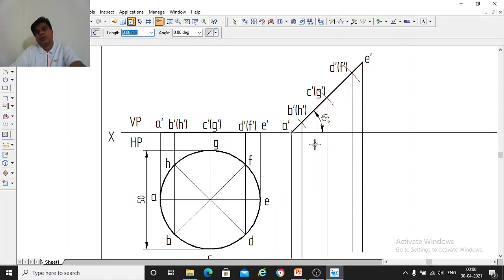So once you draw the projector lines, vertical lines, from this again top you draw the horizontal lines, horizontal projectors from all these points. So I'll be drawing from A.